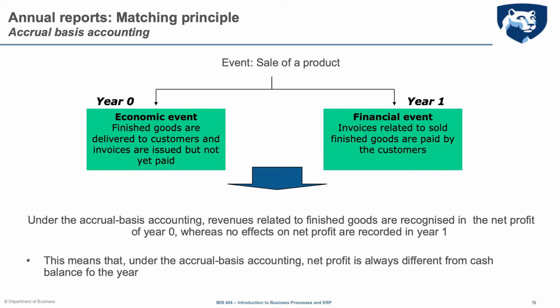Again, under accrual basis accounting, revenues related to finished goods are recognized in the net profit of year 0, while instead no effect on the net profit is recorded in year 1, because again in year 1 you only have the cash in, which is not related to the generation of revenue.